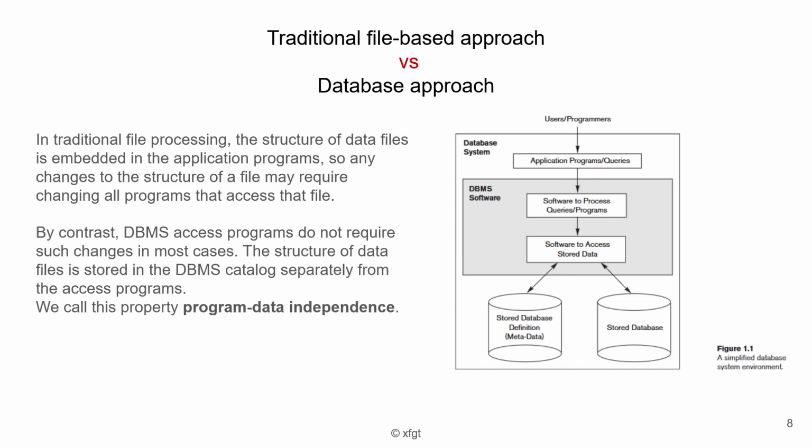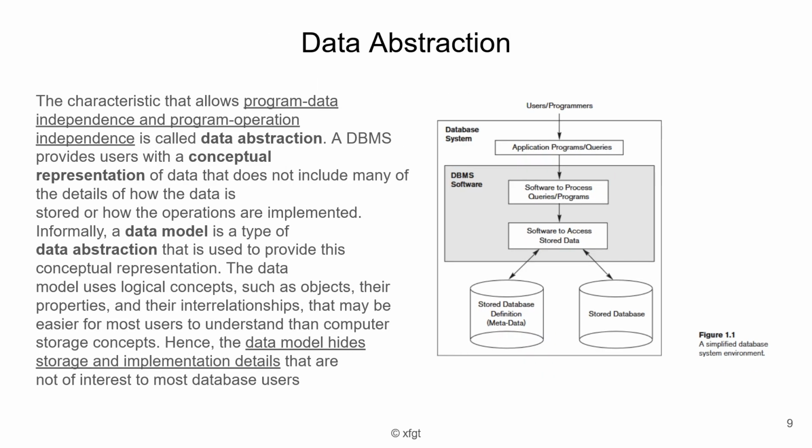The structure of data files is stored in the DBMS catalog separately from the access programs, and we call this program data independence. In order for a database approach to be applicable, some level of data abstraction is required. That is because we need to describe specifications that are not included in the way of storing data.